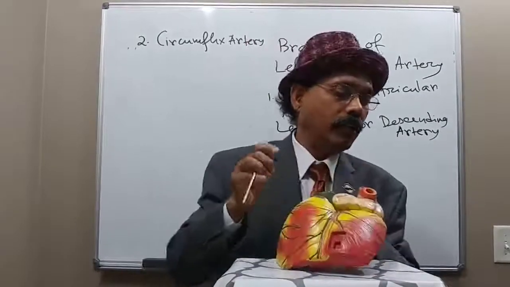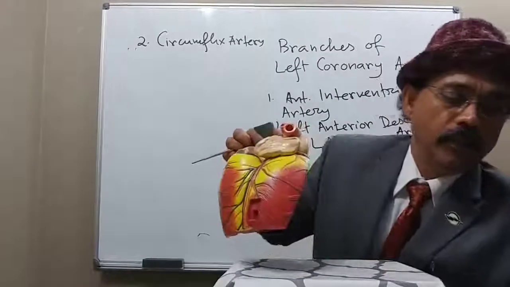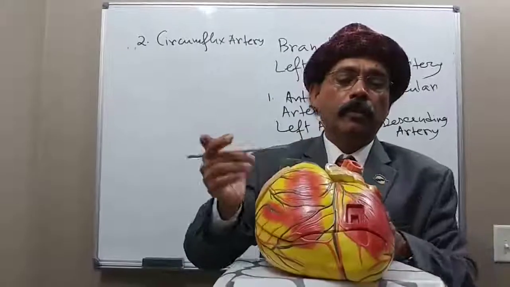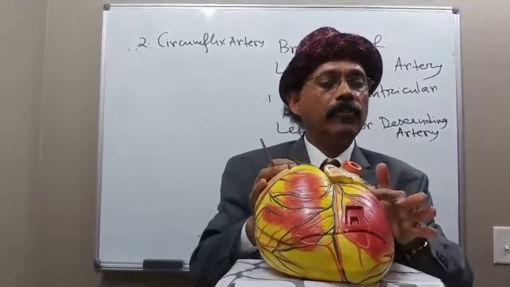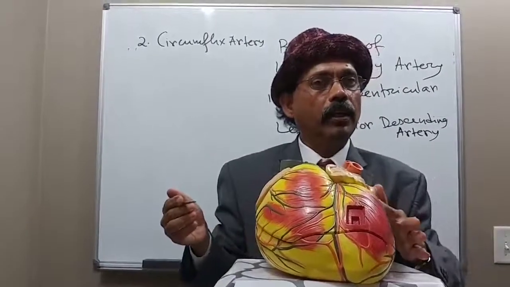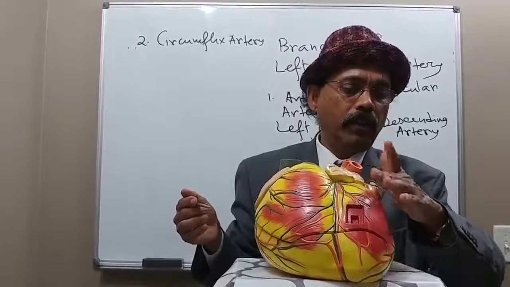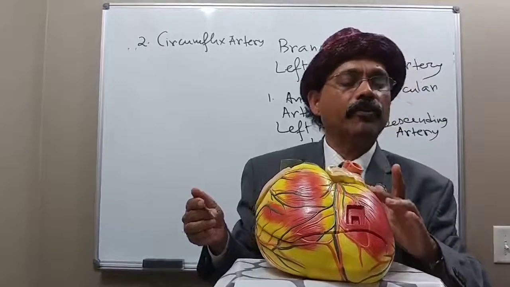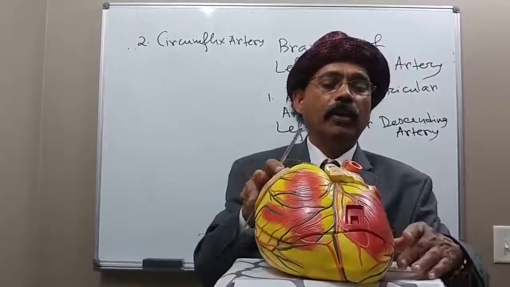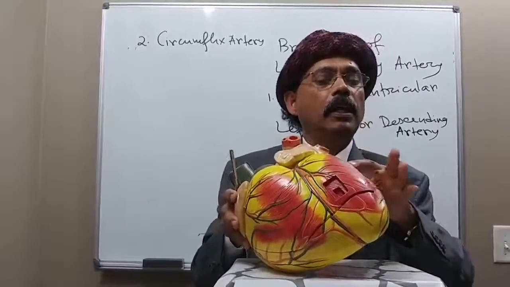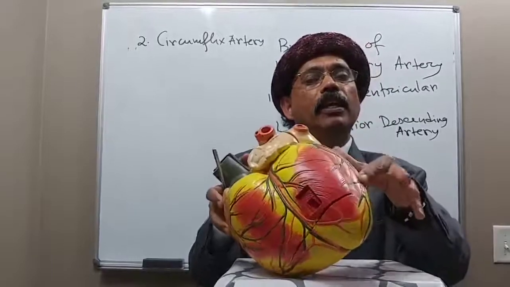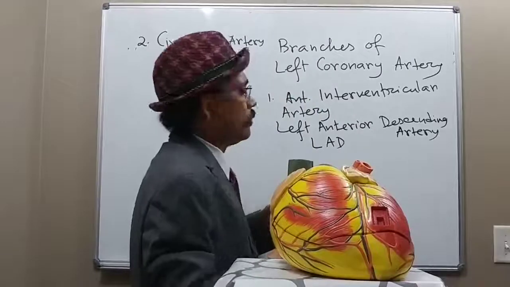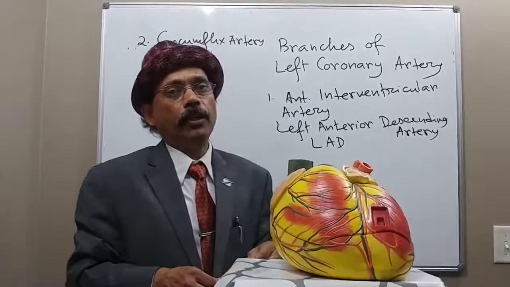Okay, so we got the anterior interventricular artery. This is the circumflex artery. It encircles the left margin of the heart or the upper part of the left ventricle. From the circumflex artery, we may get the left marginal artery. This is the left marginal artery. So we got two major branches of the left coronary artery.